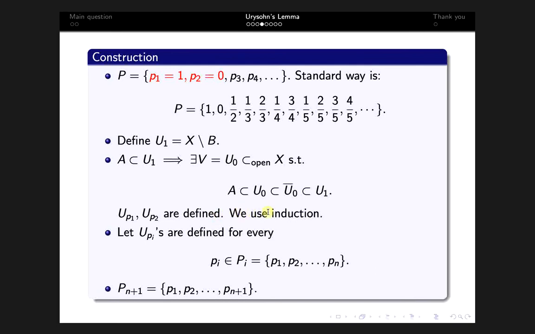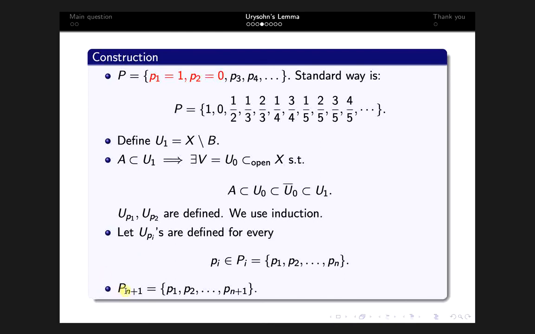Now we use induction. The induction hypothesis step is the following: let the U_{p_i} be defined for every p_i in the set P_n, equal to the first n elements in P. Now we go to the inductive step.